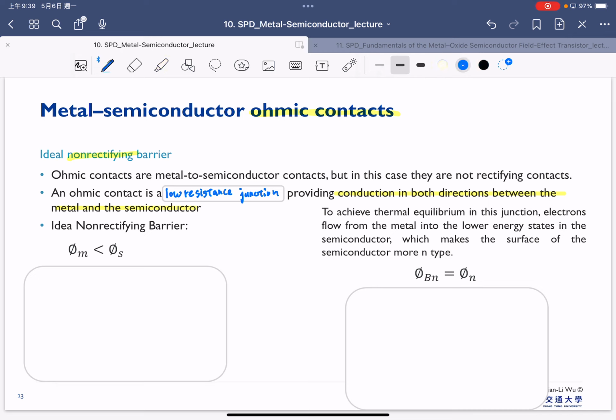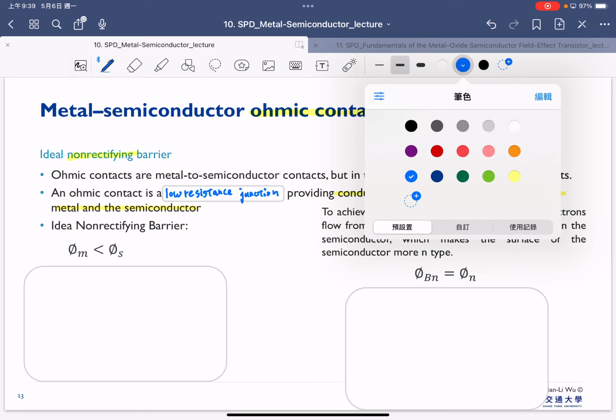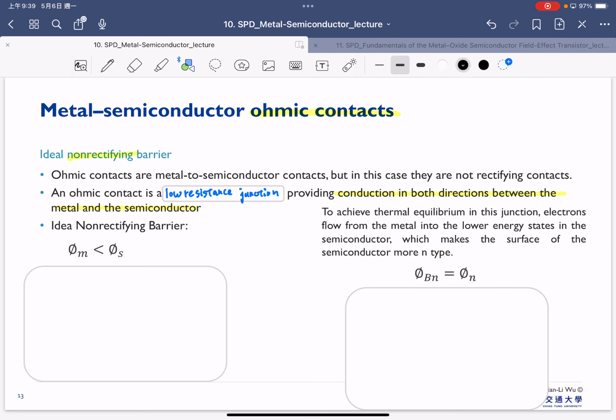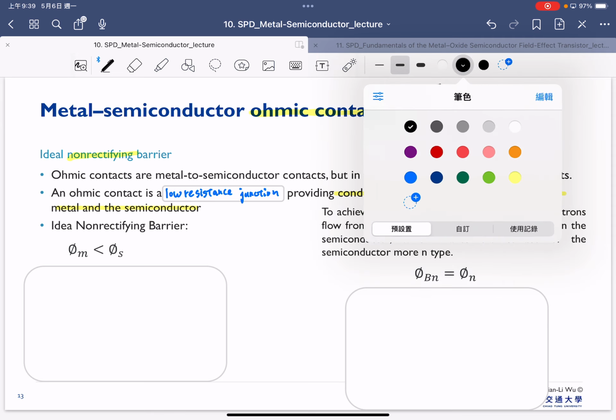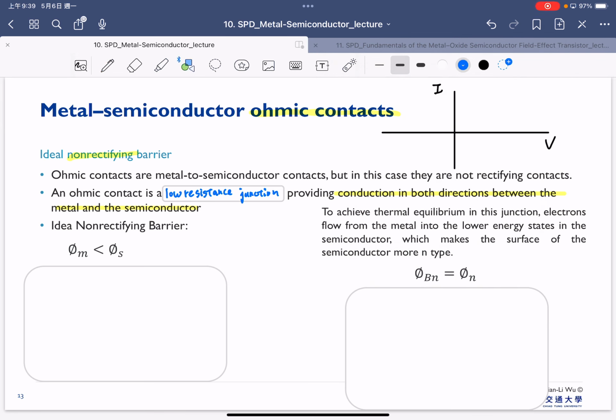It should have a characteristic like this. We have the current versus voltage, and because it's a low resistance junction, we have a linear correlation between the current and the voltage, and the slope here is our resistance.